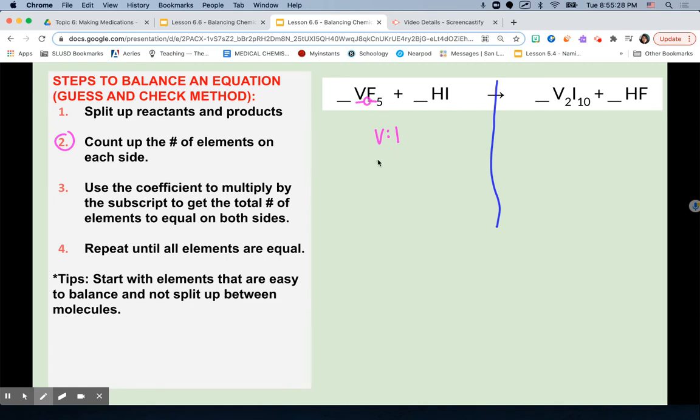Then I have capital F, so the element F, 5. In this molecule, I have capital H and capital I. So H, subscript is not written, so I have 1. I, subscript is not written, so I also have 1. I have the same elements on the other side, V, F, H, and I.